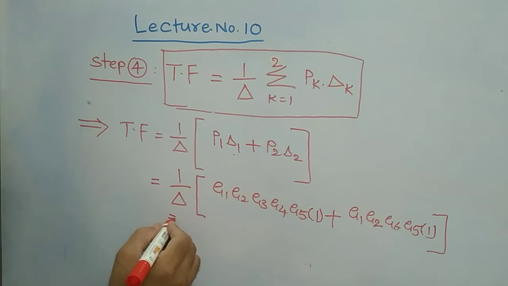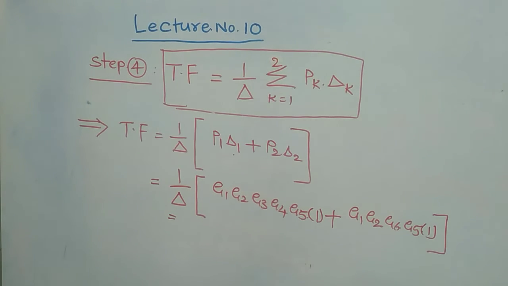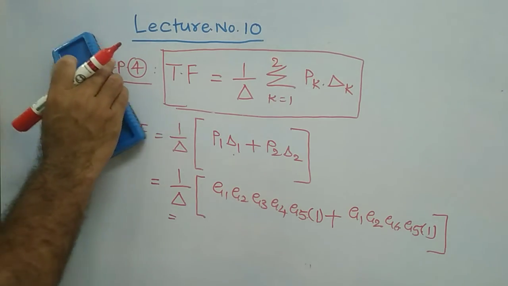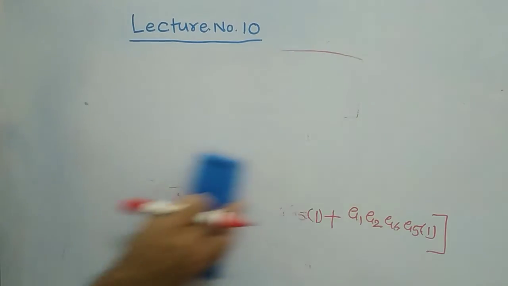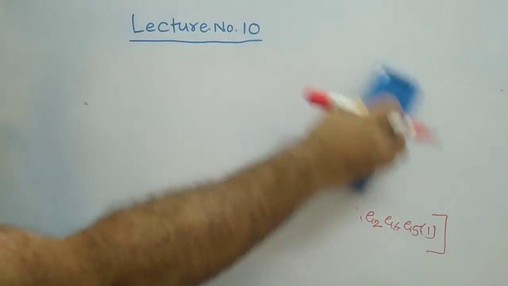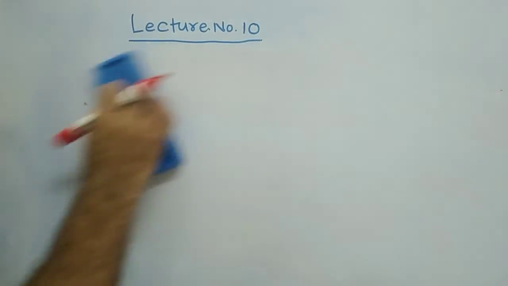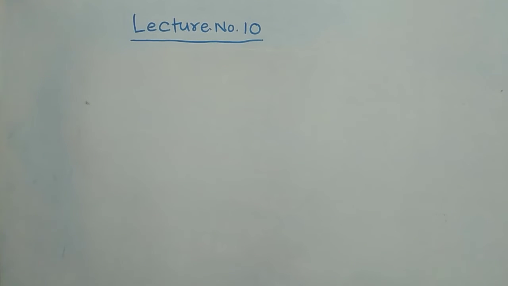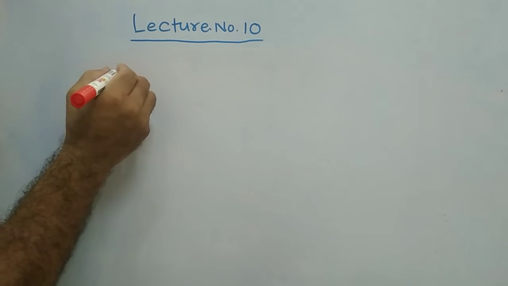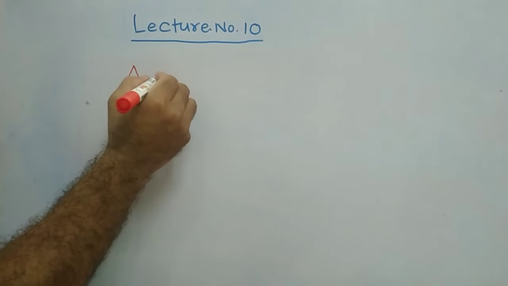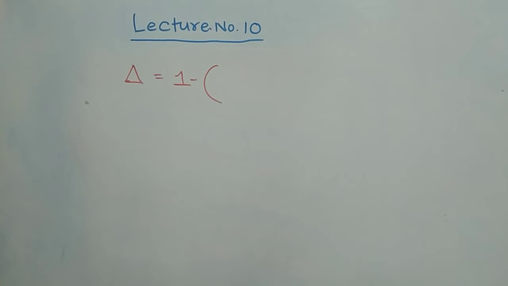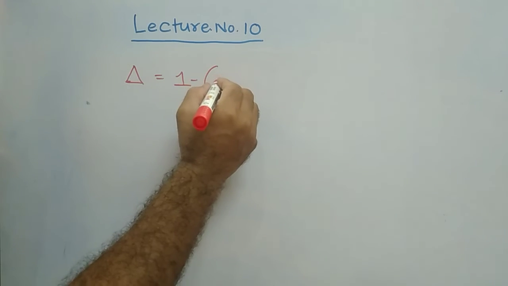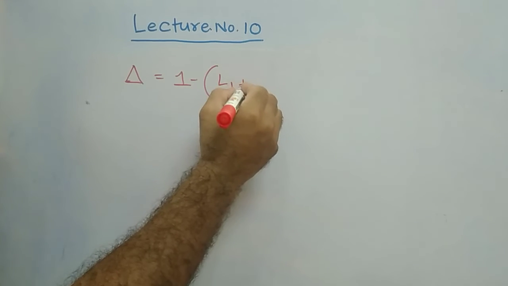Then what is the delta? I already explained in our previous session how to find out the value of delta. Delta is equal to 1 minus the sum of gain of individual loops, that is nothing but L1 plus L2.